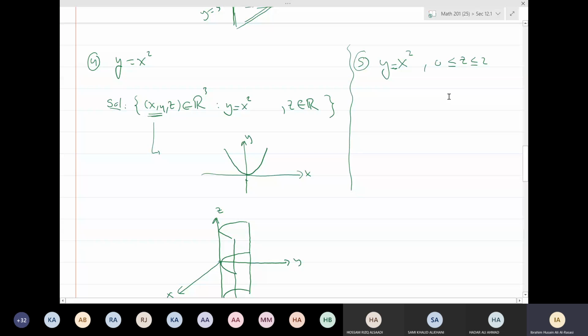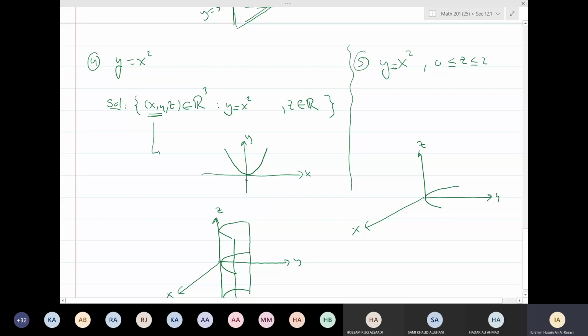Z is restricted from 0 to 2. So you start with Z equal to 0. The floor is the parabola.